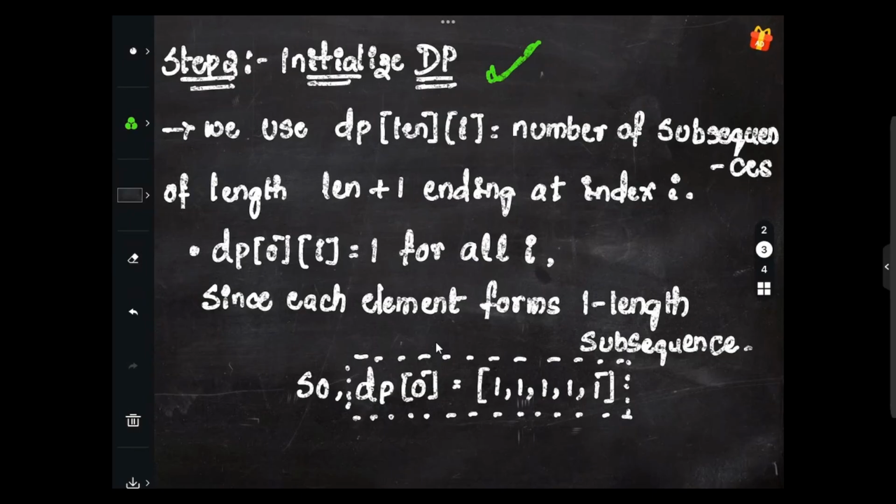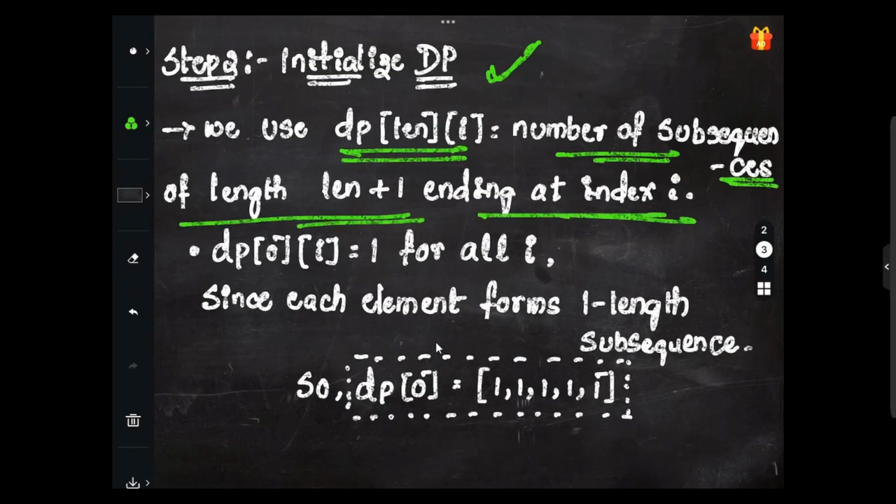Now let's move on with step 2 here. As I have said, we'll be making use of the DP. So we use DP of length 1, nothing but the number of subsequences. We need to find the number of subsequences of length k plus 1 ending at the index i. Initially, see here, I have written DP of 0 i equals 1 for all i, since each element forms a one length subsequence for sure.